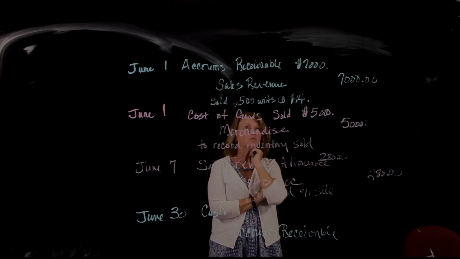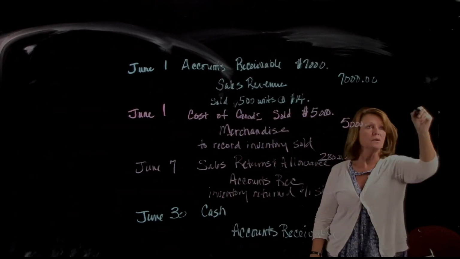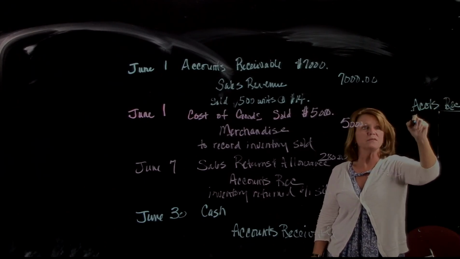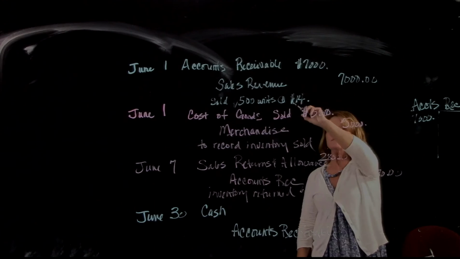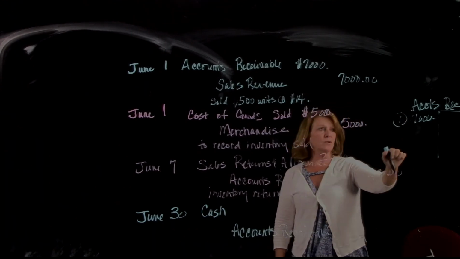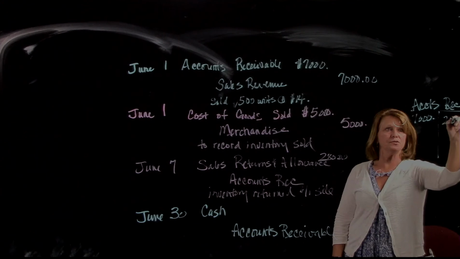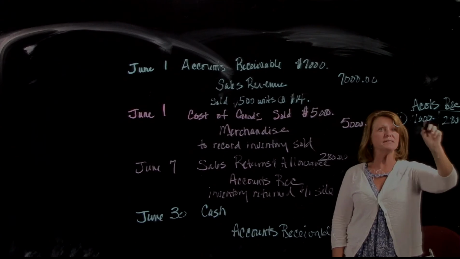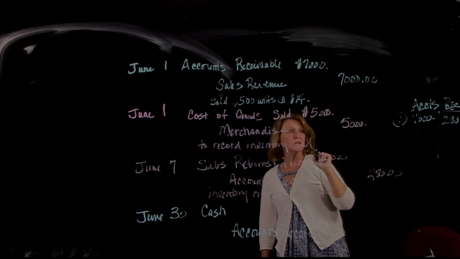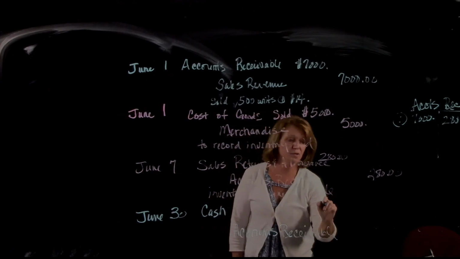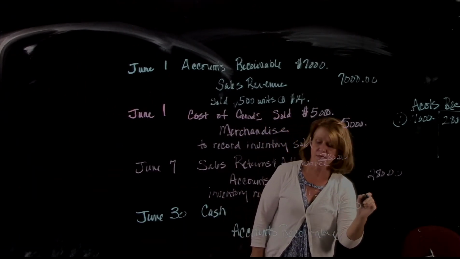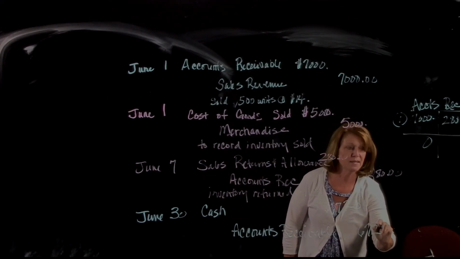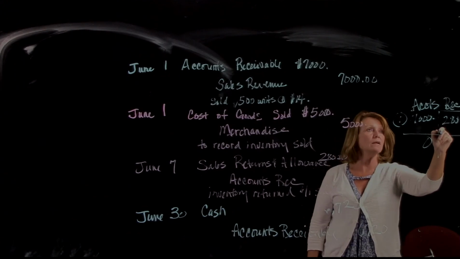So we know that we had accounts receivable for $7,000 from the first, and we know that we reduced it by $280 on the 7th. So the cash we're going to receive is $6,720. And we're going to zero out this accounts receivable account, the $6,720.